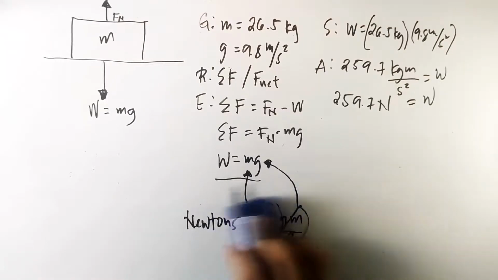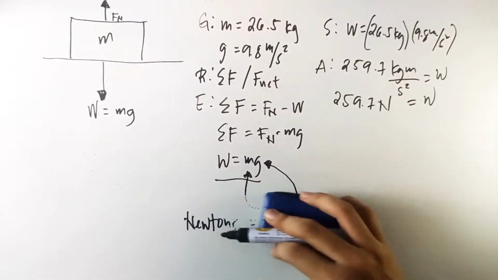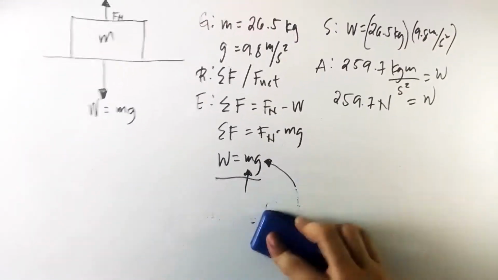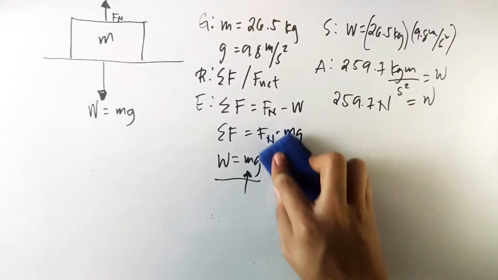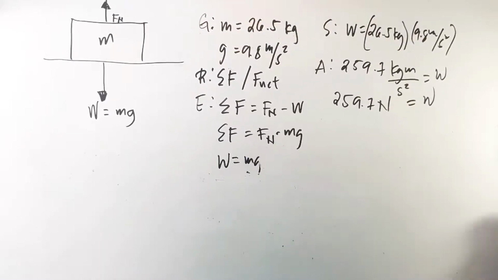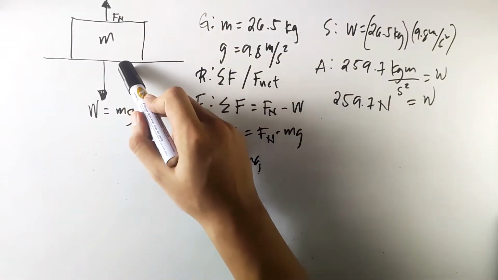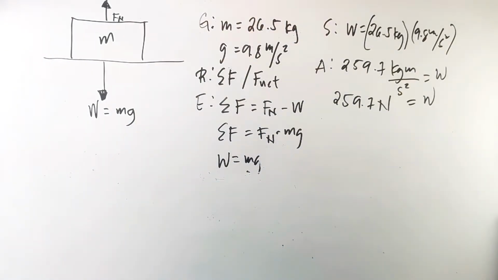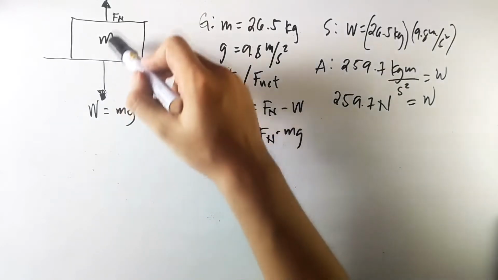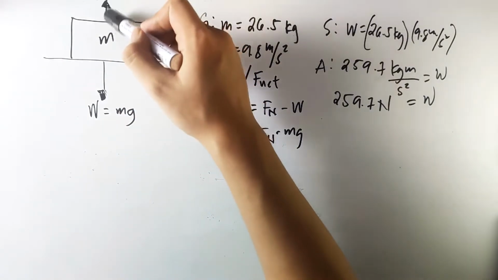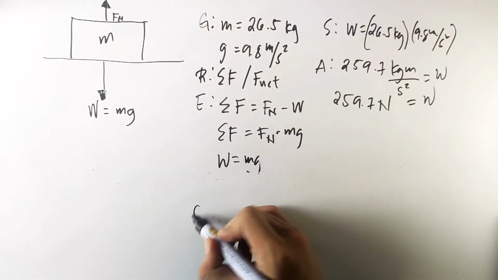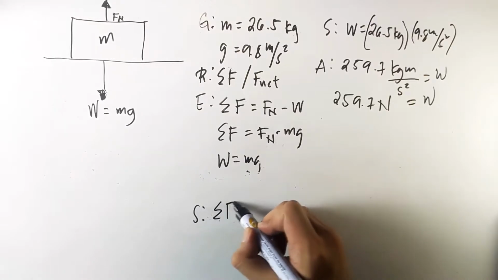If I erase this, you can see it's not moving, so the applied force due to weight is equal to the applied force caused by the normal force.